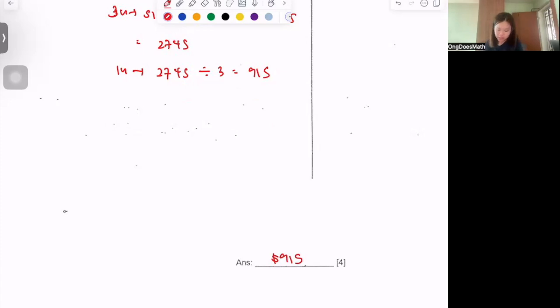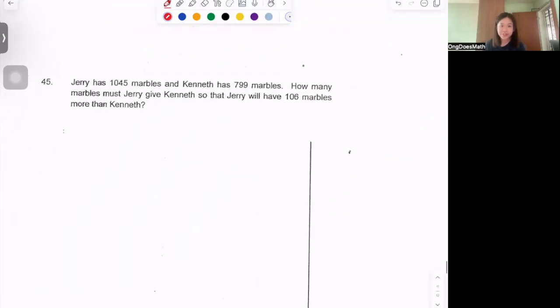Right, next is our final question. Jerry has 1045 marbles and Kenneth has 799 marbles. How many marbles must Jerry give to Kenneth so that Jerry will have 106 marbles more than Kenneth? For this question, it is also a must to draw a model so that you can see what's going on.